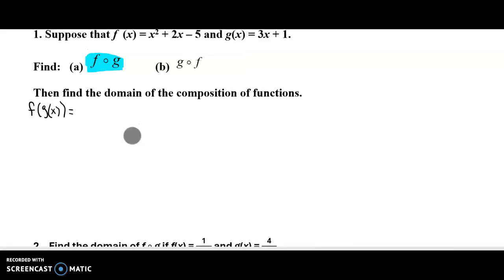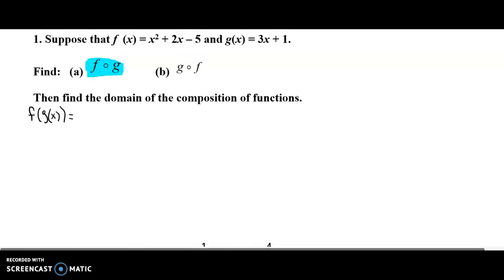So we're taking our function f, and anywhere where we see an x in it, we're going to put 3x plus 1. So ready? We have 3x plus 1 squared plus 2 times 3x plus 1 minus 5.